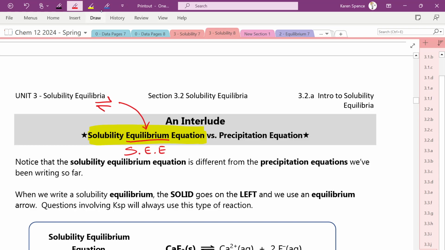Now, a precipitation equation. What is the product of a precipitation reaction? And this is not a hard question. This is meant to be easy. The solid is the product.